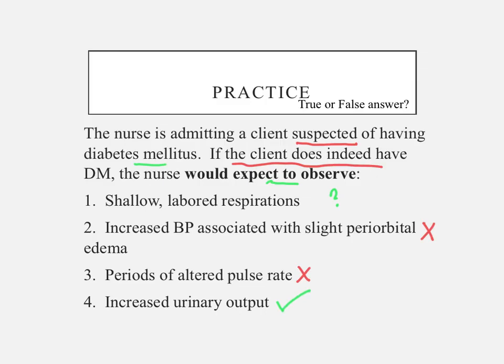So now I put a question mark on number 1 because I wasn't sure, but I feel that number 4 is definitely better than number 1. So I'm going to put this one out. Now my question wanted to know what we would expect to observe for suspected diabetes. So definitely it's going to be a true response answer, and my answer is going to be 4.